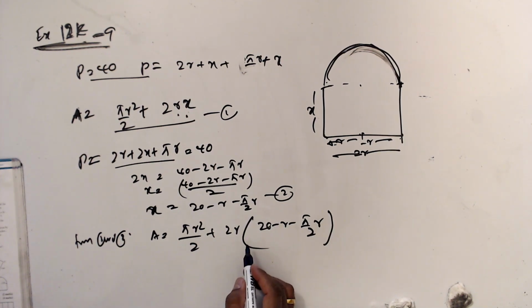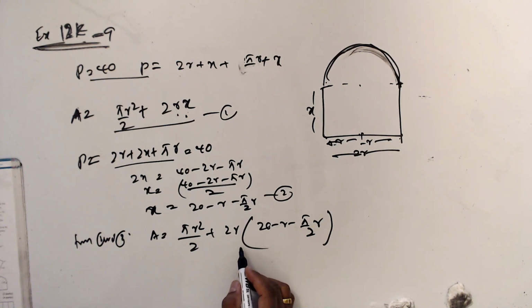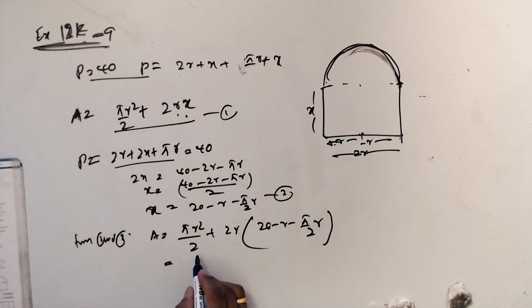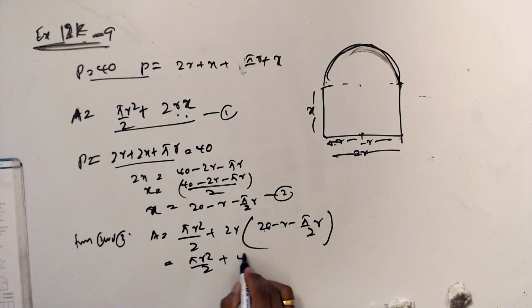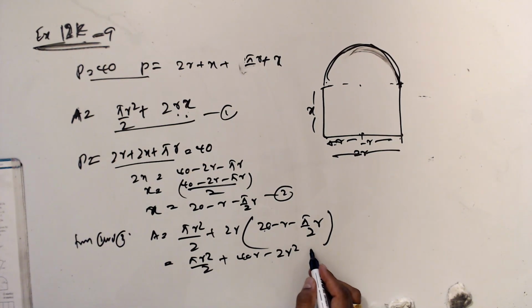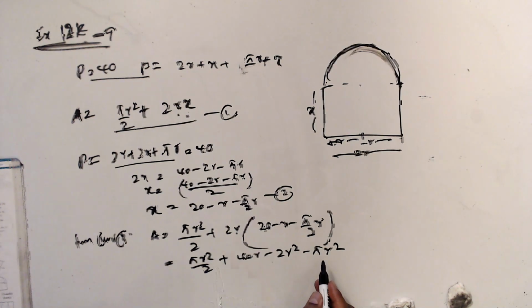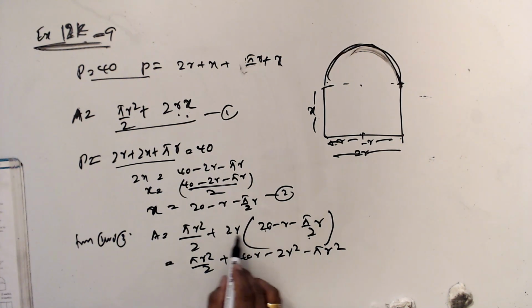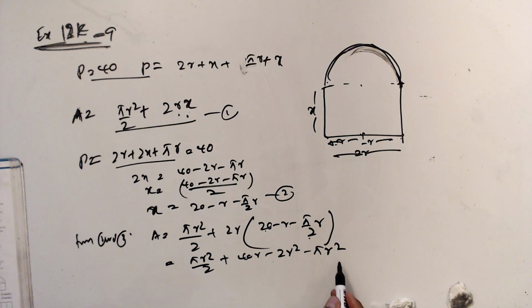So is that the answer? I think I can leave it, but I have to simplify. 5R square plus this is 40R minus 2R square minus 5R square. 2 and 2 cancel out. So this is minus 5R square.